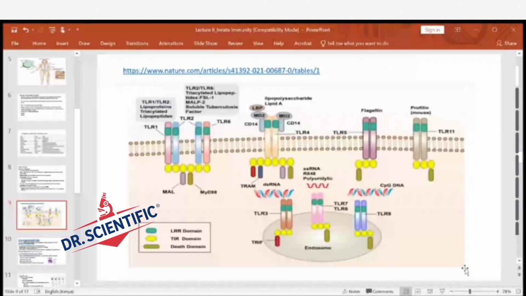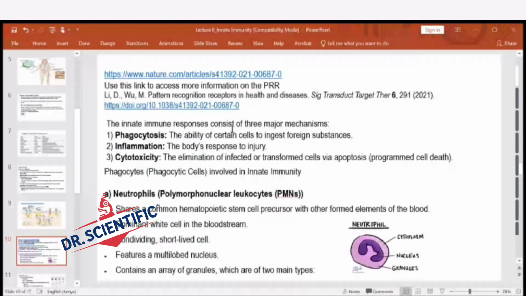So you're able to read this information at this particular page. It's a free article, of course, in Nature. Nature is, of course, one of the top scientific journals in the world. So if you go there, you'll be able to read this and understand what these PRRs do, what they recognize, and so on and so forth.